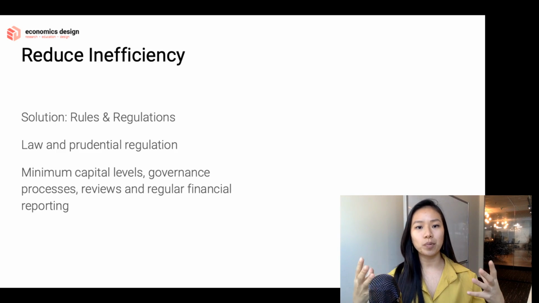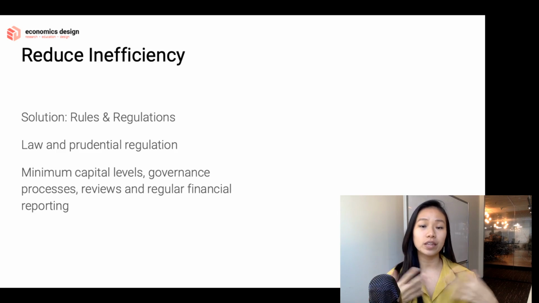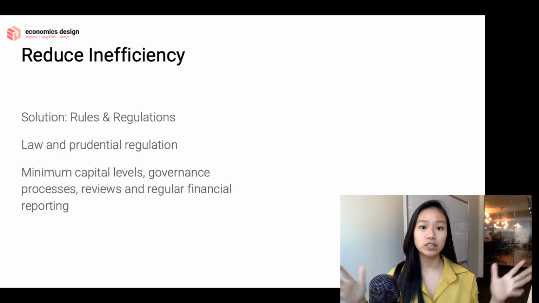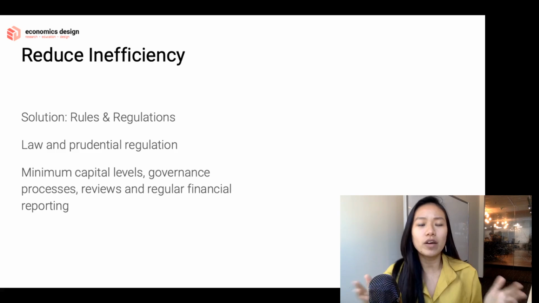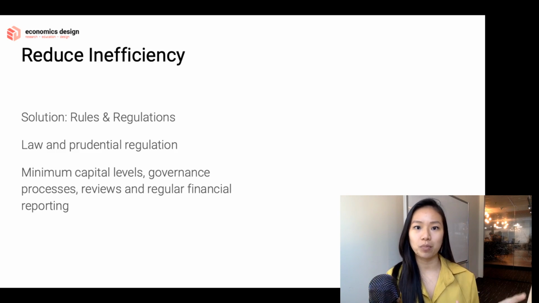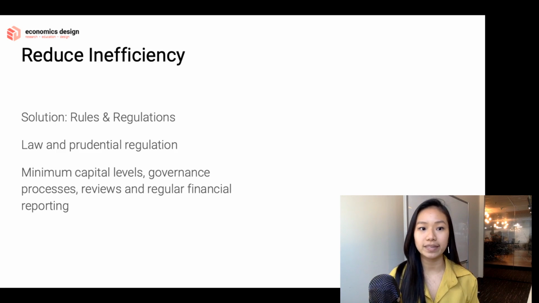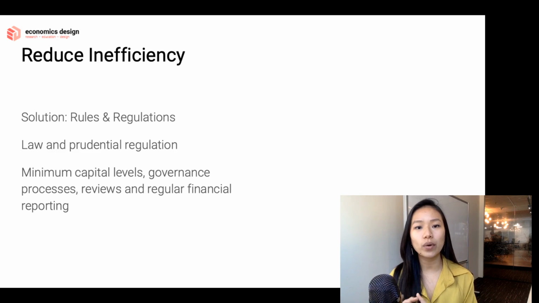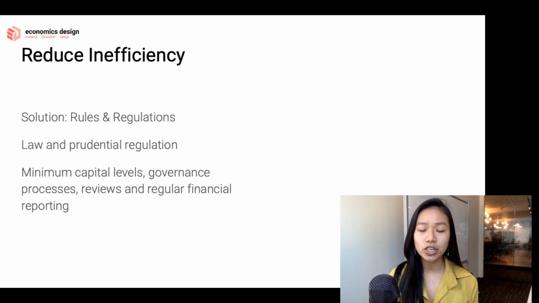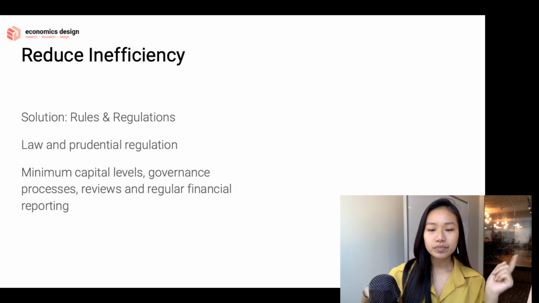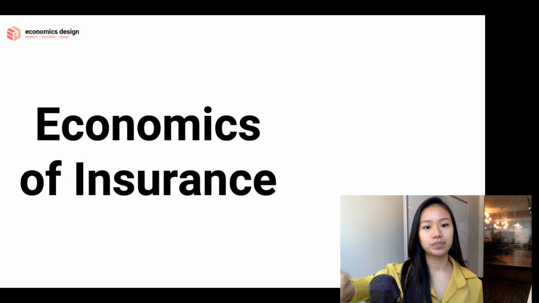These are where third parties, which are usually trustworthy, like the government, say you need to follow these, and they check on behalf of the rest of us, who don't have enough time to check each individual insurance company's information and portfolio, right? So we have all these rules and regulations in place. These are some ways to reduce inefficiency. There are other ways where we could embrace technology to help us in that area, and we'll look into that later.